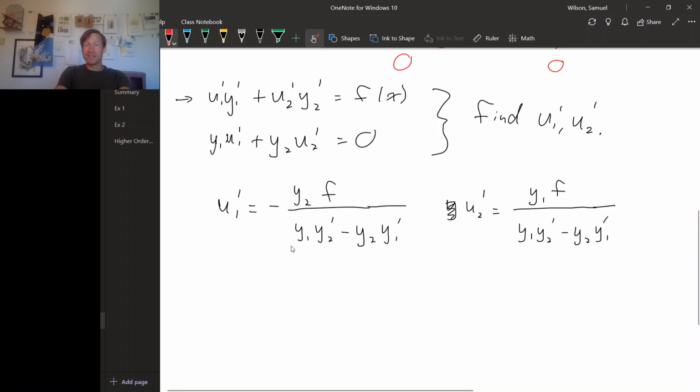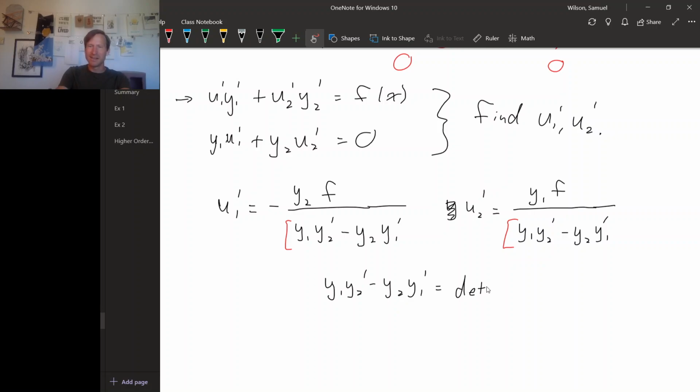Now these denominators, you might recognize these. First of all, they're the same. But second, y sub 1 y sub 2 prime minus y sub 2 y sub 1 prime, that's actually the determinant of y sub 1, y sub 2, y sub 1 prime, y sub 2 prime. But that's the Wronskian.